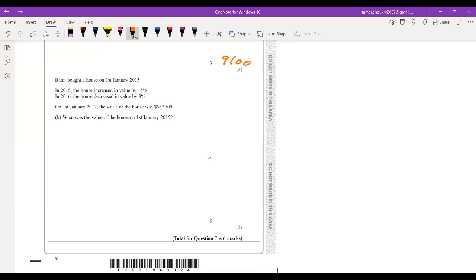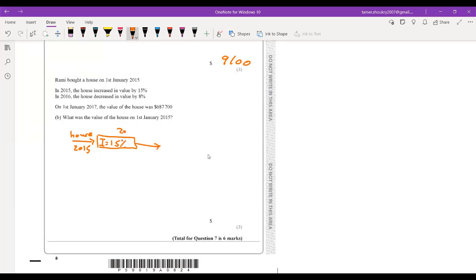So let's understand our problem. We have a house that in 2015 was bought, and there was an increase, increase equal 15%.